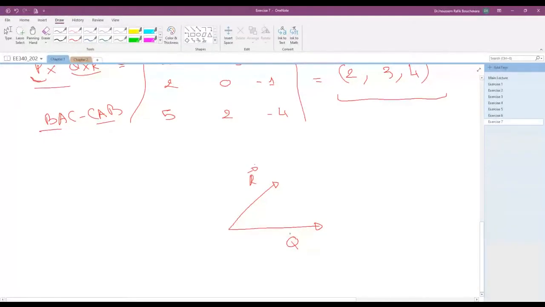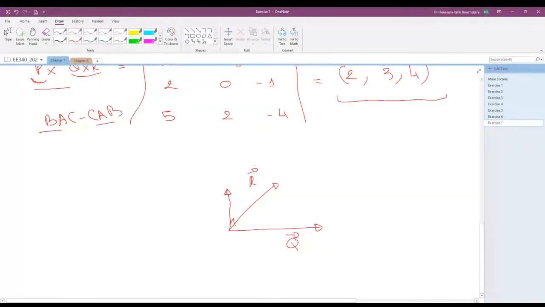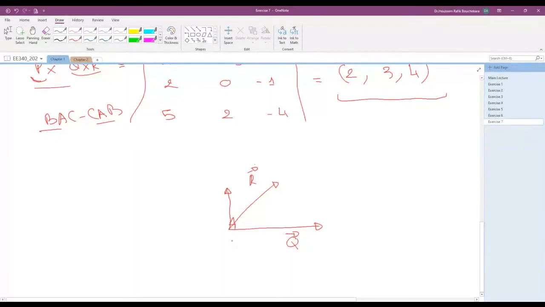We want a vector that is perpendicular to Q and R, for example like this. This is the vector. It has to be perpendicular to Q and R at the same time. How can we determine a vector that is perpendicular to Q and R at the same time?